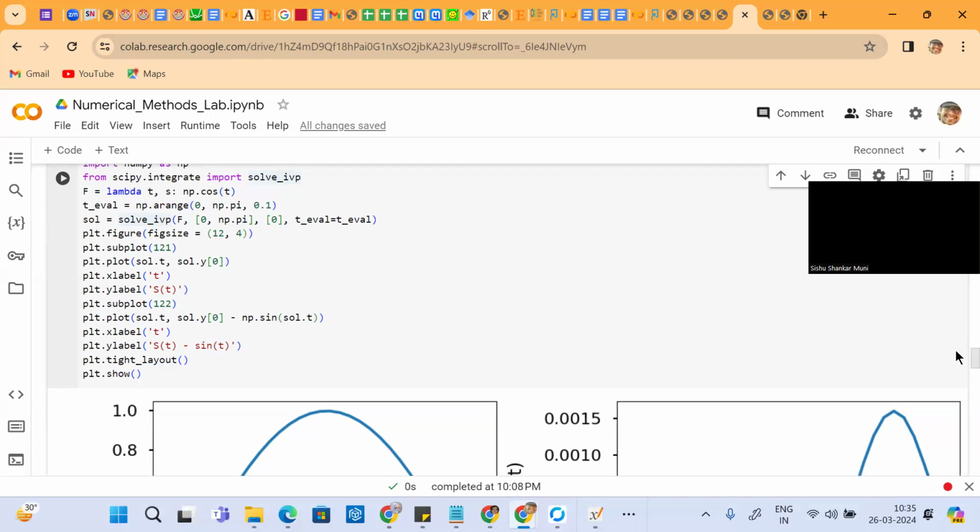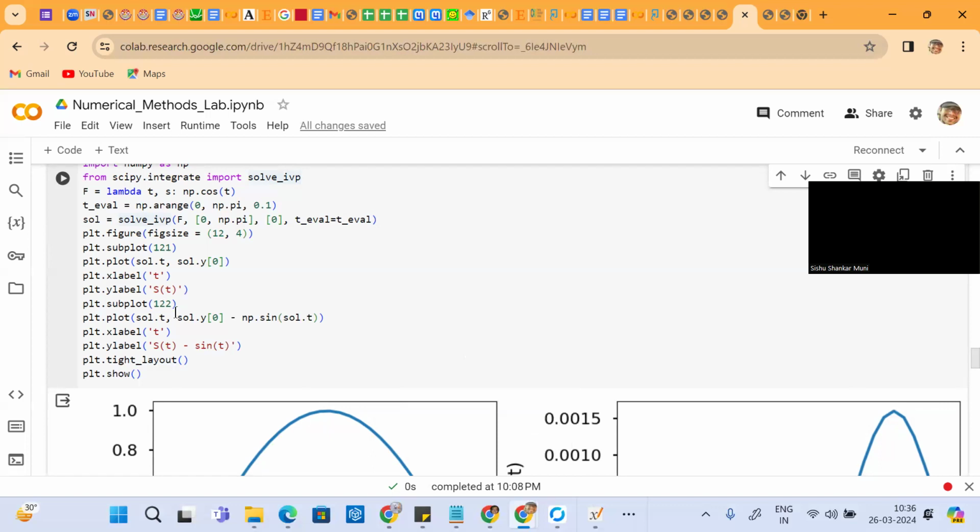So you're plotting x comma y indirectly, referencing it via sol, because sol has the time span as well as the solution. To reference the time step, write sol.t; to refer to the solution, use sol.y[0]. Clear?